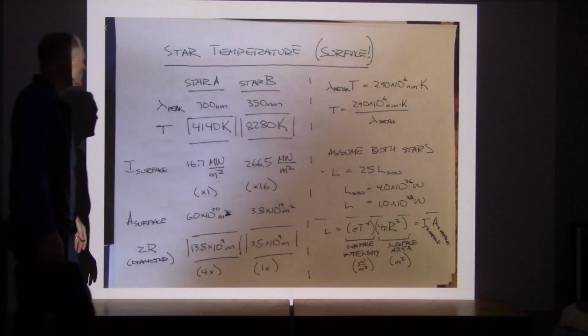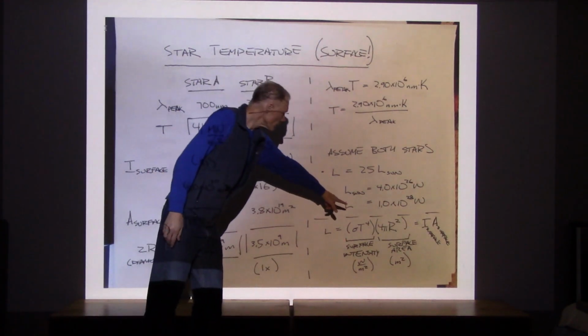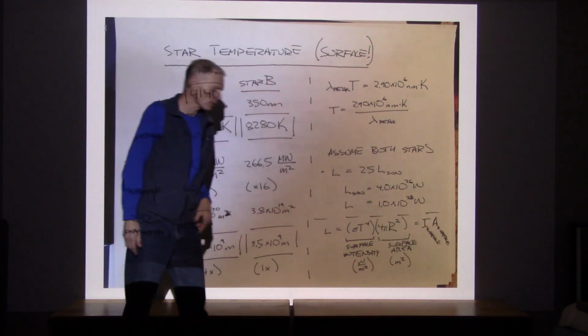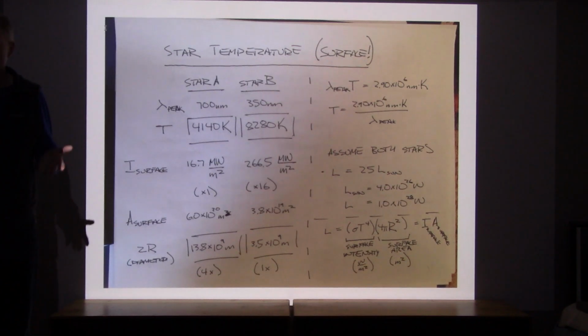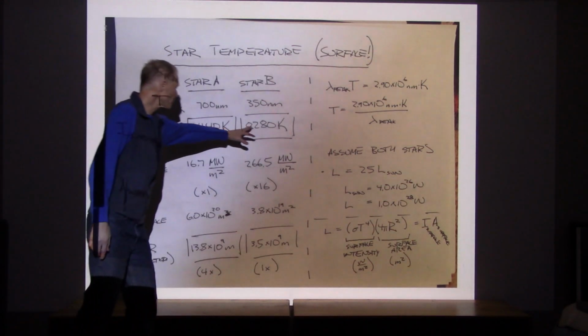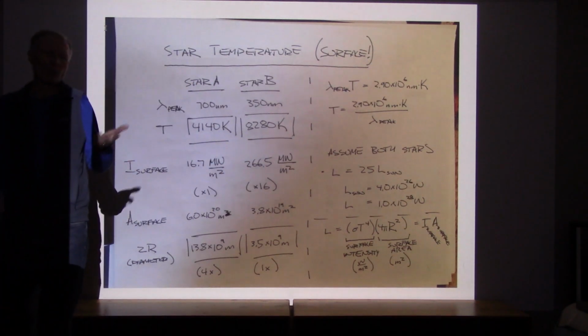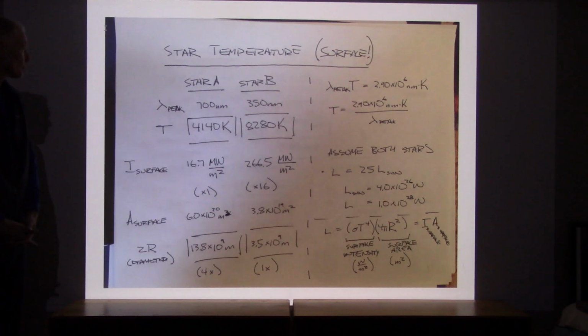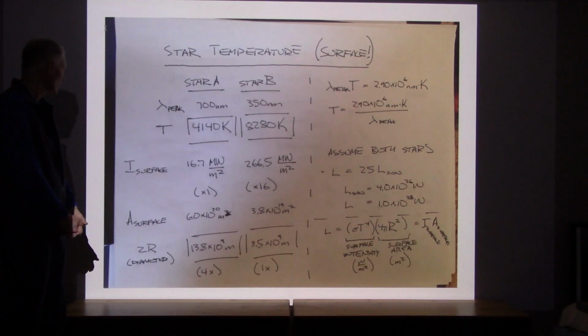That's a lot. But if we just double the temperature, remember temperature is to the fourth power in this formula. If we just double the temperature, that's going to give us 16 times the intensity. So this higher temperature star, light's coming off that at 266.5 megawatts per square meter. So that's a factor of 16 if I'm thinking ratios.